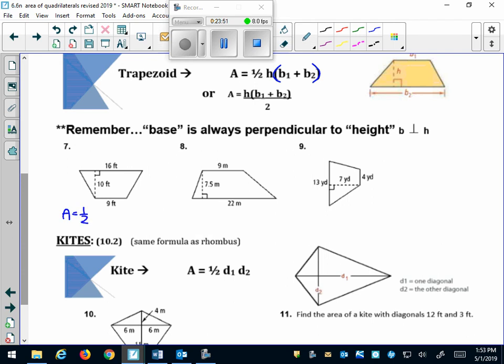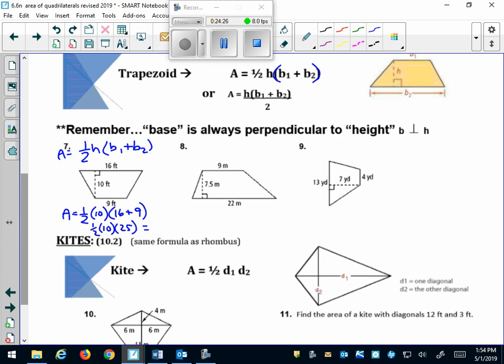1/2 height, b1 plus b2. What's the height of this particular example here? What's the height? 10. And then we're just going to do b1 plus b2 is 16 plus 9. So we have 1/2 of 10 plus 25. Once you get it to this point where there's no addition anymore, it's all multiplication, it doesn't matter when you do the 1/2.